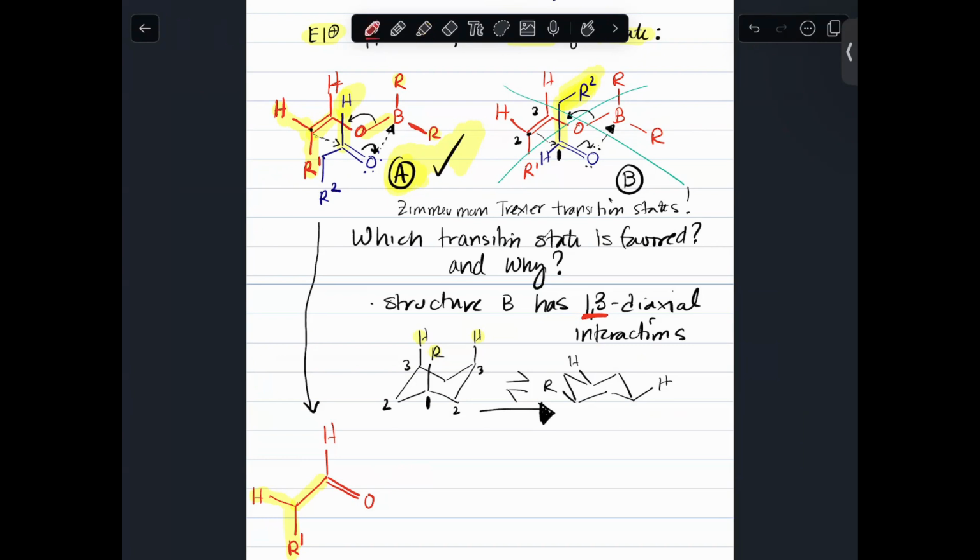Now I've got a new bond to my carbonyl, and I'll draw this in blue. My hydrogen is facing up. I've got a single bond. And my new substituent is in the equatorial position.